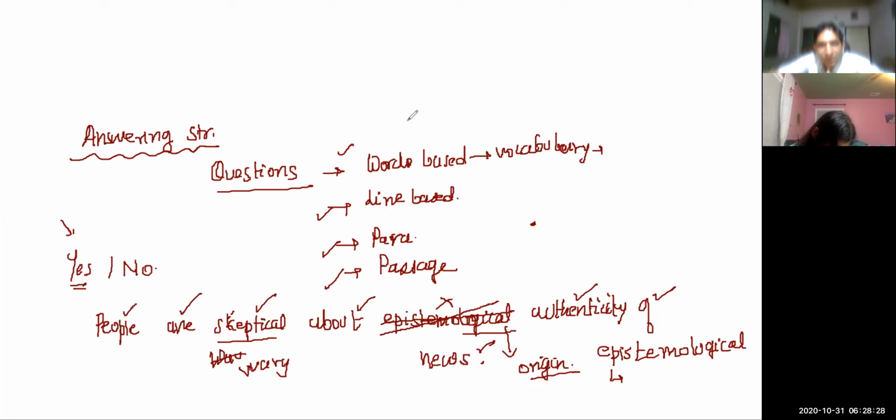Or I can Google it for you in a minute. So you will get the exact wording. What it means is how the knowledge originated. What is the origin of knowledge? Something like what is the source of knowledge? You can write source of knowledge.